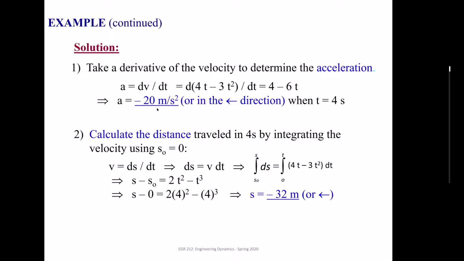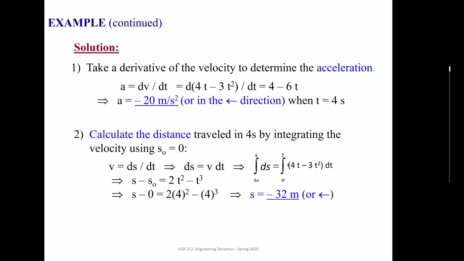Right? Since it's negative, it's really just telling you that it's deceleration, right? By the direction, it's defined off to the left, where we would define positive acceleration, or motion, off to the right. Okay. The next part is, of course, you can rewrite the velocity in terms of ds dt, and then rearrange it.